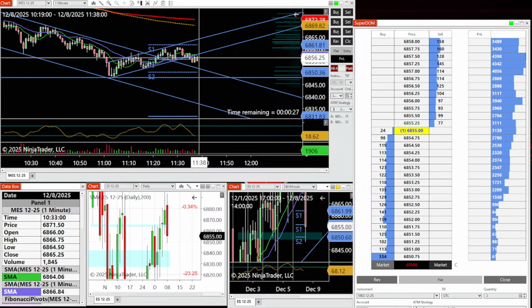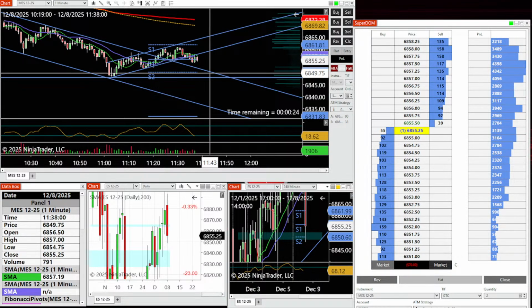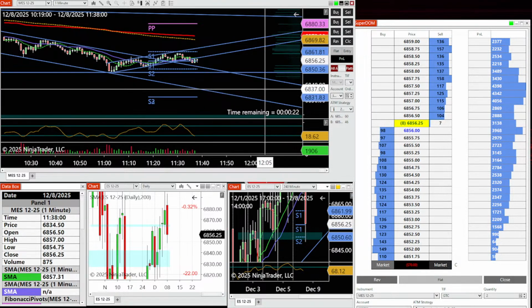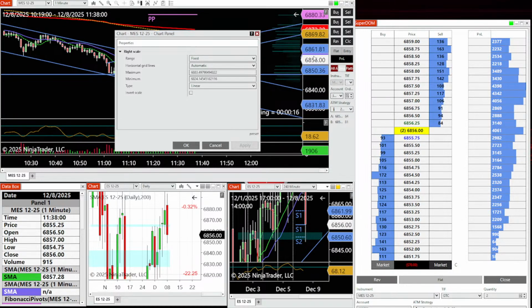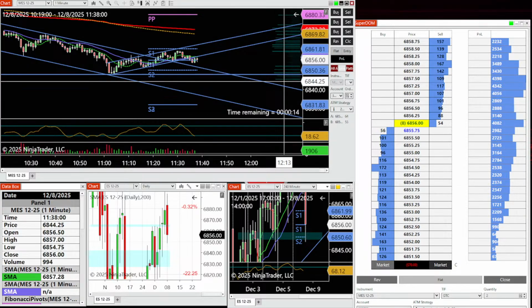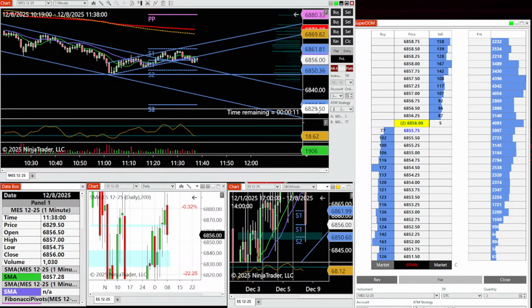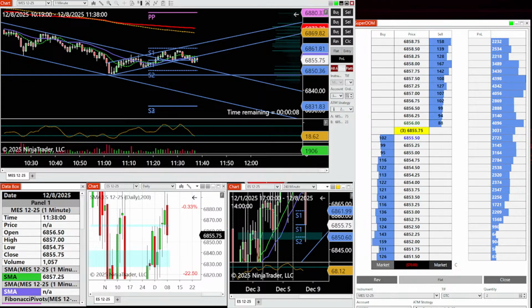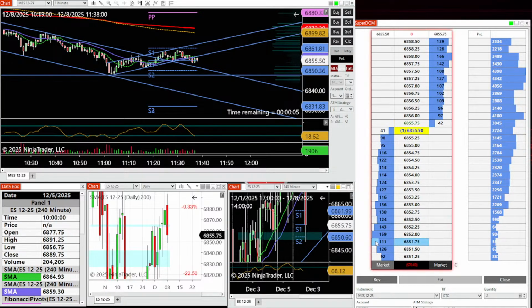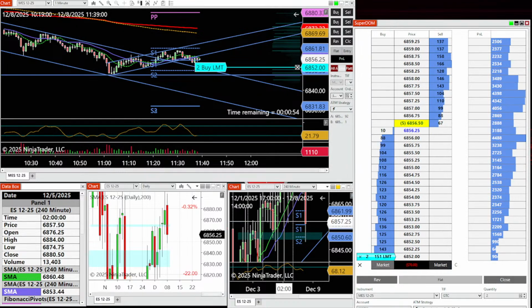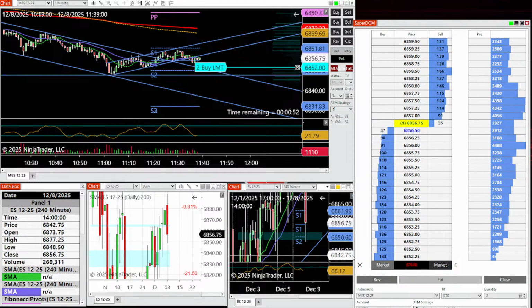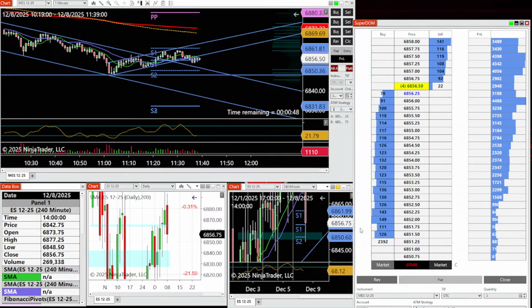Bust out of this channel, and we can go over the break and then come down to test the low. Let me see something. See what happened to my order.